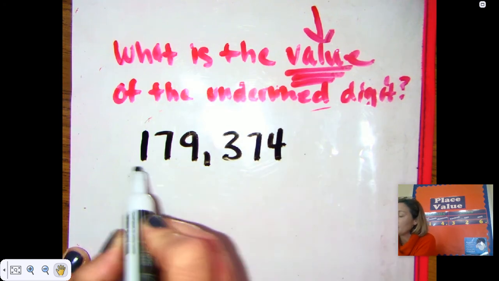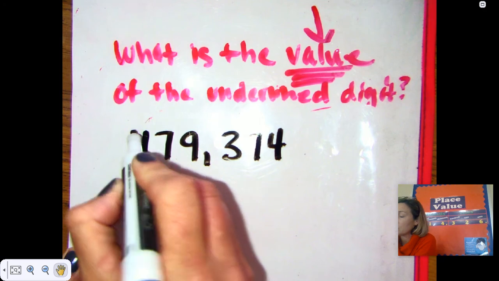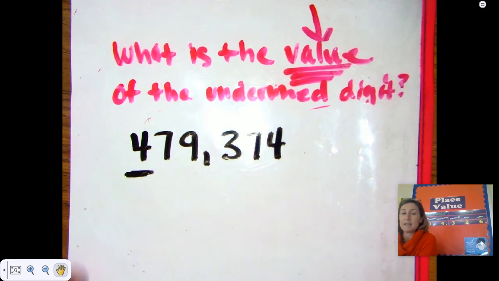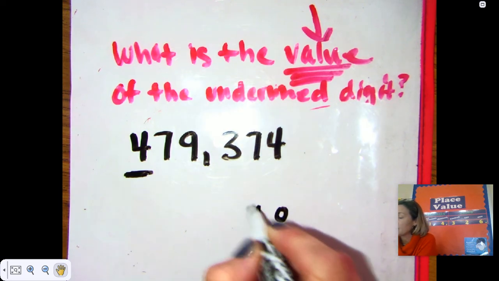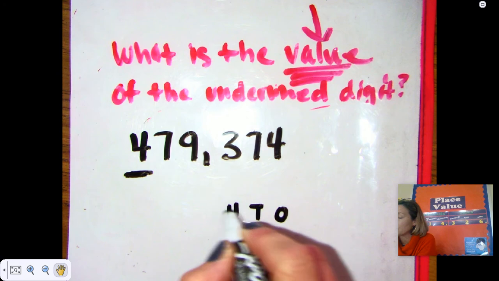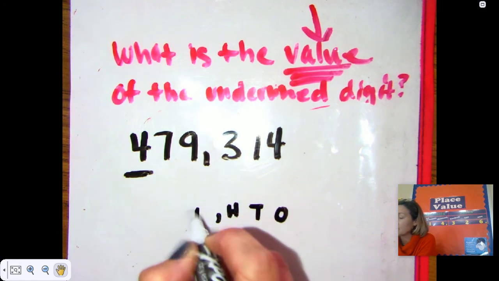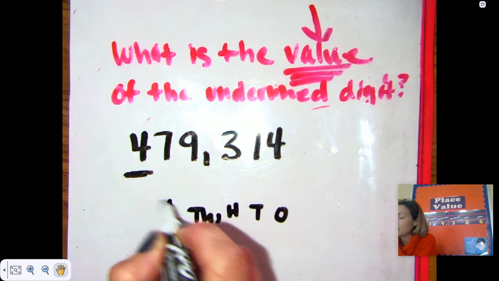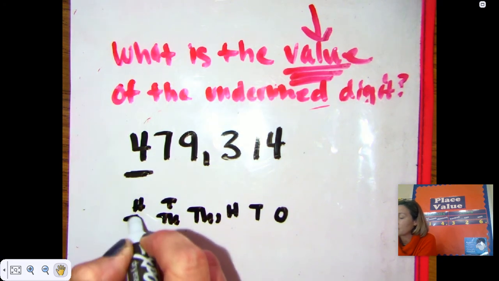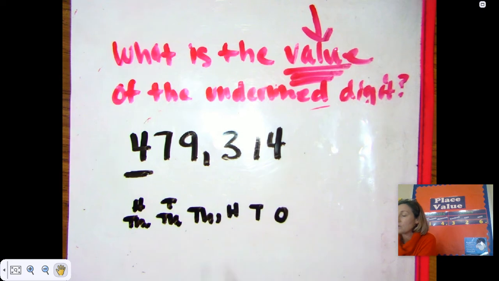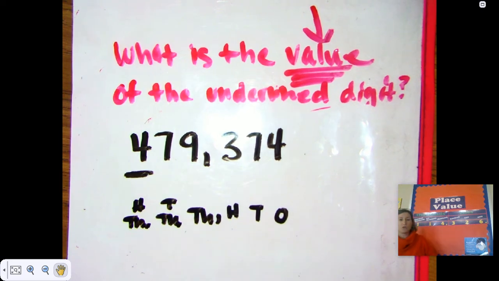Okay, what is the value of the underlined digit? Now, if we come down here, ones, tens, the 3 is in the hundreds, the 9 is in the thousands, the 10 is in the 10,000s, and the 4 is in the 100,000s. Now I'm abbreviating here, okay? Just like your place value chart.